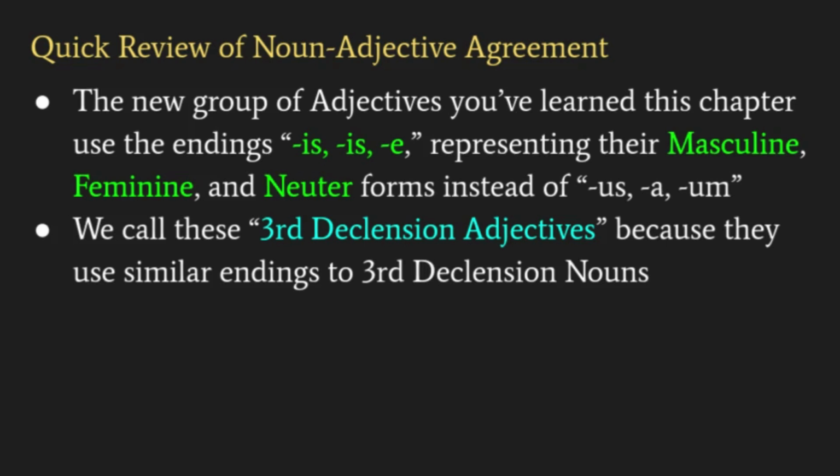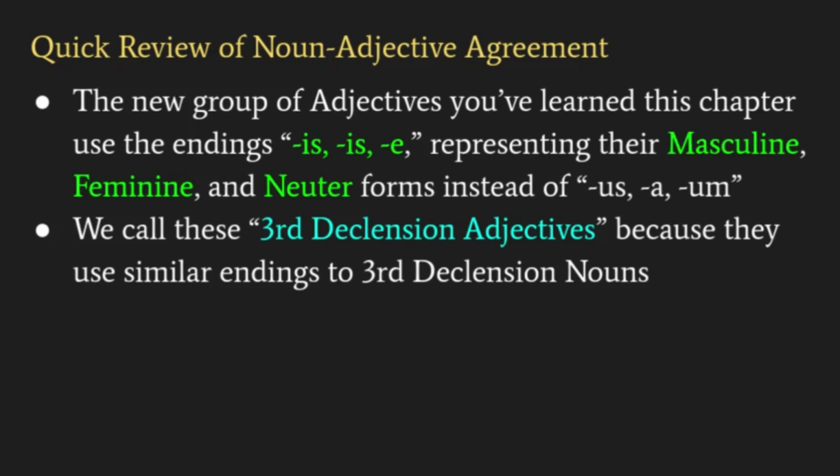So this is why in chapter 16 we said if you take a first and second declension adjective and match it to a third declension noun, it's not going to be spelled the same way. When you use a third declension adjective and match it with a third declension noun, it will be spelled almost always, or let me rephrase and say often, not always, it will be spelled the exact same way. So the good news is this is the last group of adjectives. There's first and second declension and third. So once you get through this, you've seen all the adjectives, you'll be ready to go.